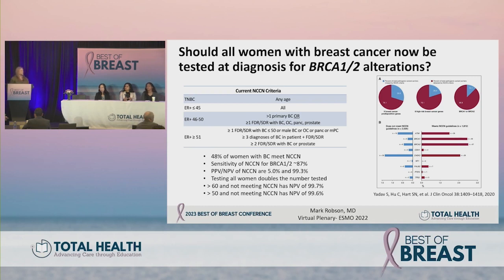So when you think about universal testing versus the predictive value of NCCN guidelines plus age, what's the right answer? The first test I ever sent in was in 1997, so I'm a universal tester. I believe in democratizing testing. However, that's a lot of lift for a clinic and care team, so I think over the next 5 years we will definitely convert towards that.